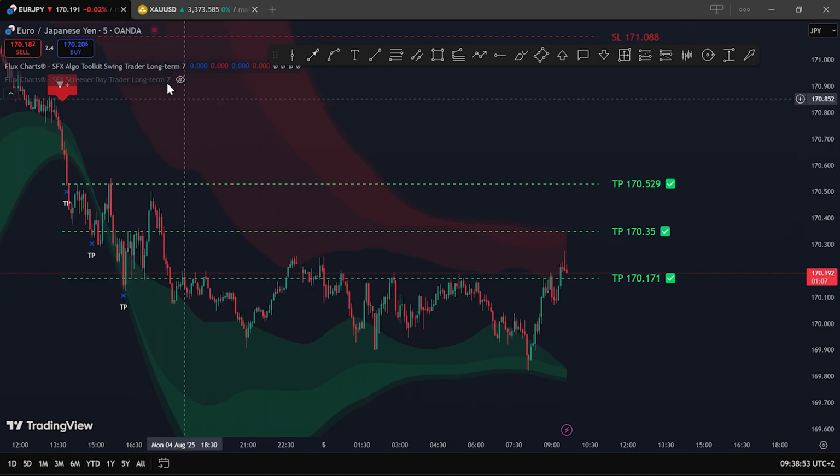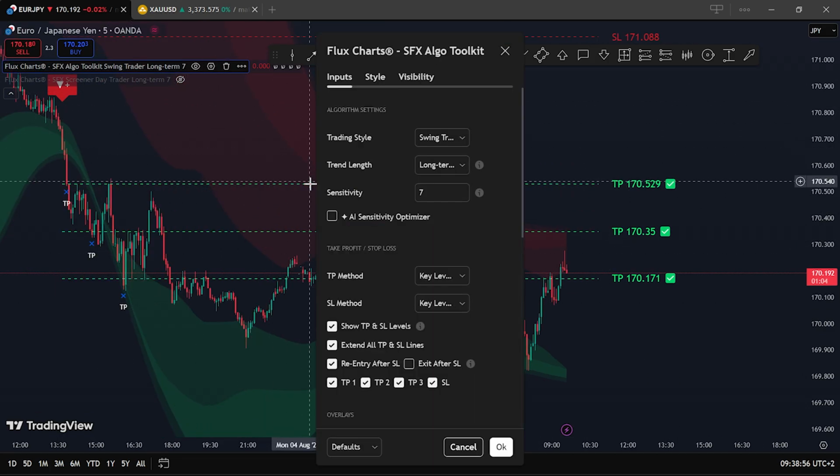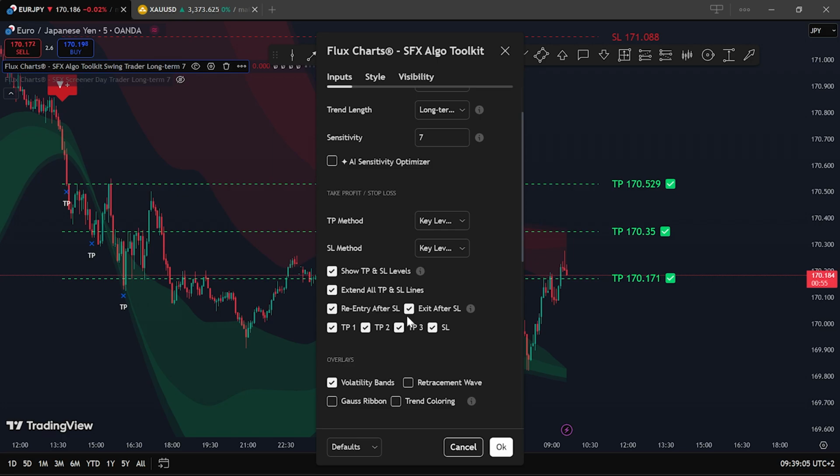You can adjust everything here, even the stop loss section, even the exit after stop loss. But for me, I like to disable everything because I am a swing trader. So from here, I'll just remove everything because I like to adjust my stop loss and take profit levels myself.